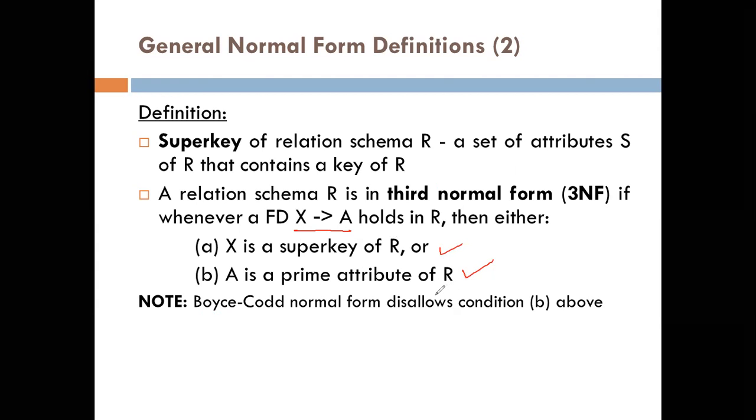So instead of defining it based on the transitive functional dependency and saying that a non-prime attribute is depending on a prime attribute via a non-prime attribute, we can say if there is any functional dependency like this, then X has to be a super key of the relation or A has to be a prime attribute of R. So if A is not a prime attribute, then X should be a super key.